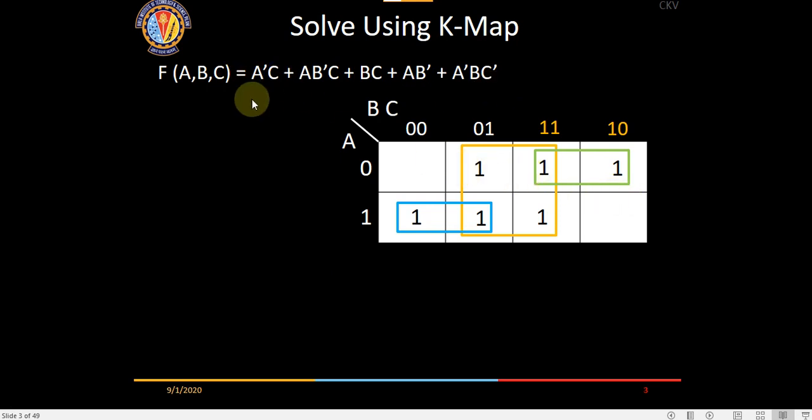A dash c might be more than one min term. A dash c is a dash into b plus b dash. Now if you expand it, there are two min terms. So wherever there are two variables missing, there are two min terms, so you need to do that.